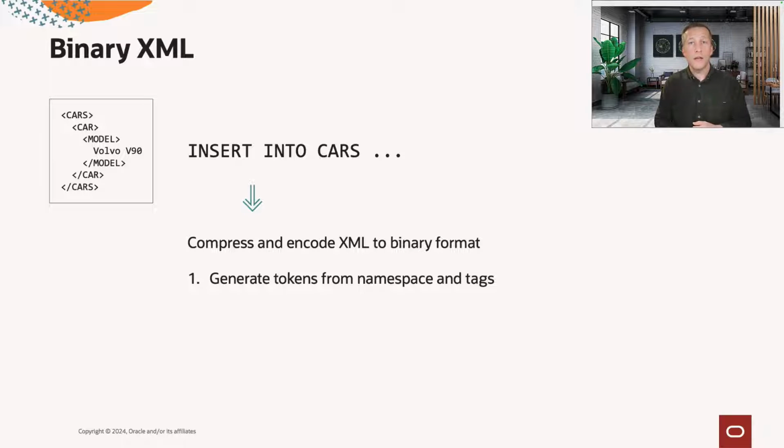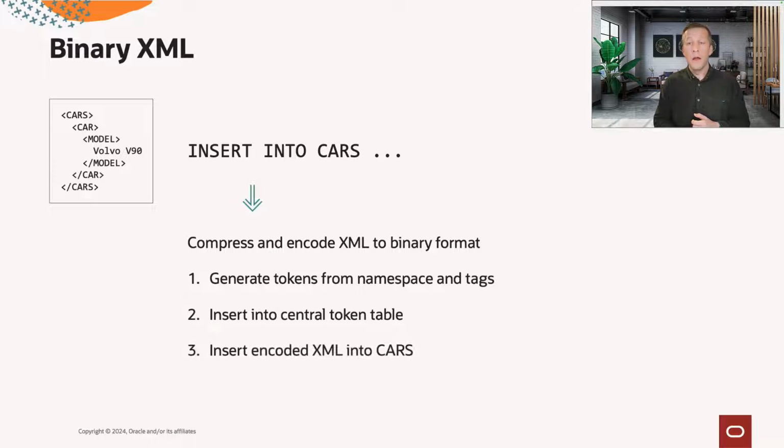To do that, the database will generate tokens from the XML namespace and the XML tags. Those tokens are stored inside the dictionary in a central table, and then the encoded binary version of the XML document is stored in the cars table.